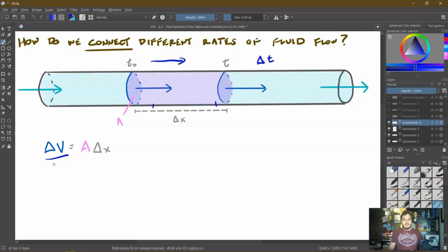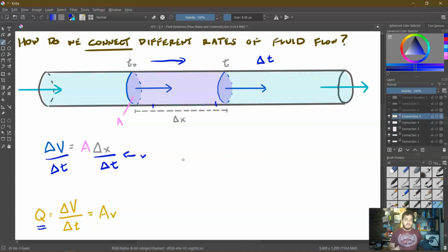So let's divide both sides by delta t. We know what this is: this is just the volume flow rate. This is the cross-sectional area, and this is simply the fluid velocity, lowercase v. So the volume flow rate, which we can also abbreviate as Q, equal to delta V over delta t, is simply equal to capital A times little v.